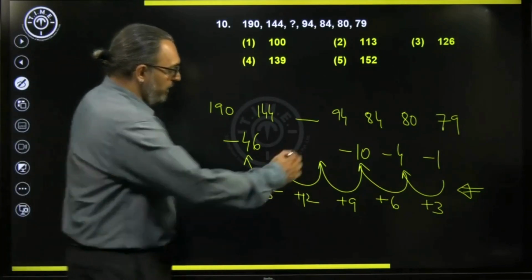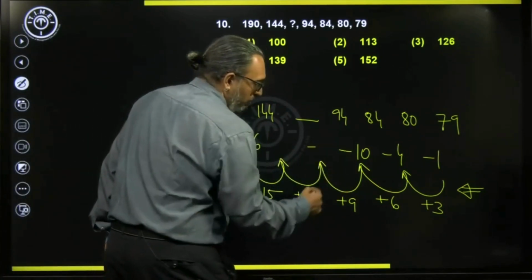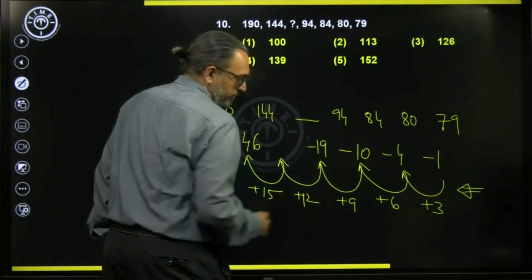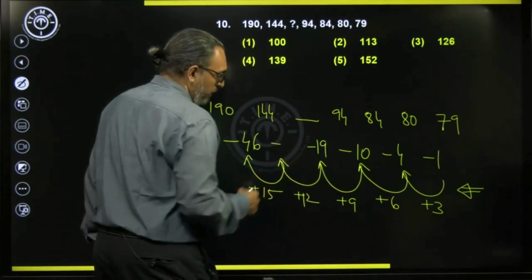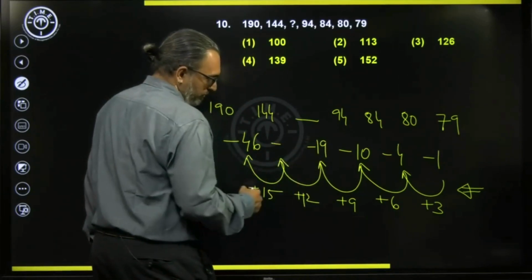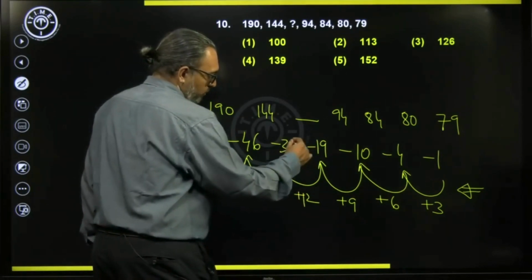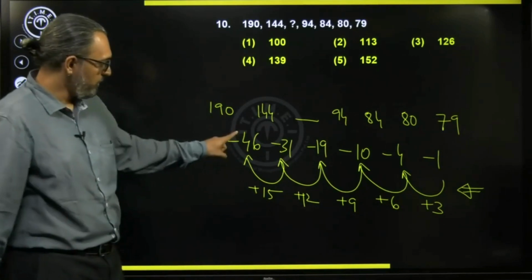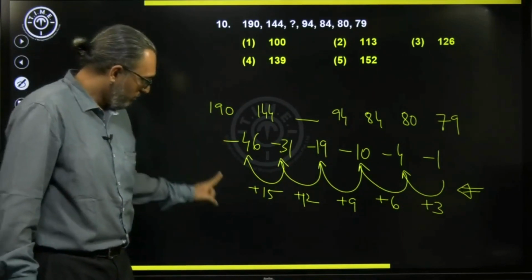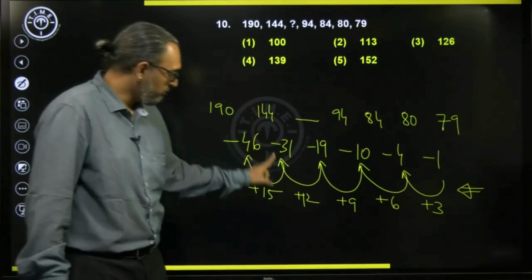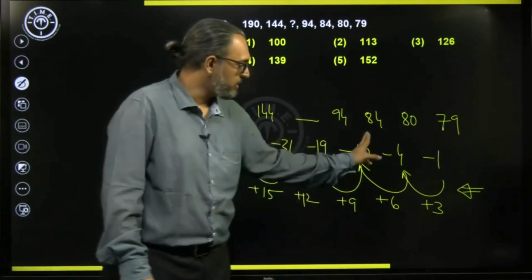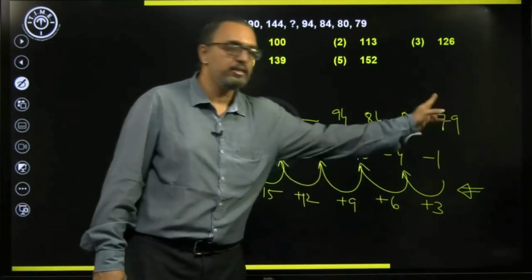Okay. So that means now here this is going to be minus 19, and then this is going to be minus 19 and 12. So 19 and 12 you are going to get 31. So now check, from 46 minus 15 is 31. From 31 minus 12 is 19. 19 minus 9, 10 minus 6, 4 minus 3.